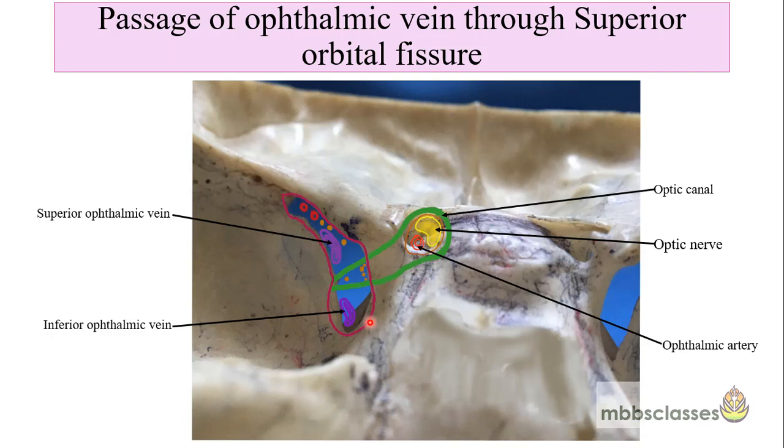The superior orbital fissure can be divided into three parts by the common tendinous ring of Zinn. The superior ophthalmic vein passes superior to the optic nerve. The inferior ophthalmic vein passes inferior to the optic nerve. And these veins pass through the fissure and drain into the cavernous sinus. Here is the location of the cavernous sinus.